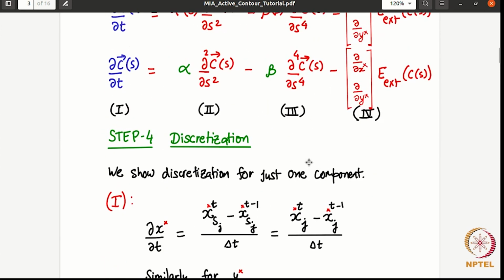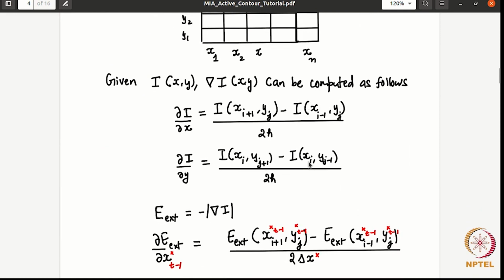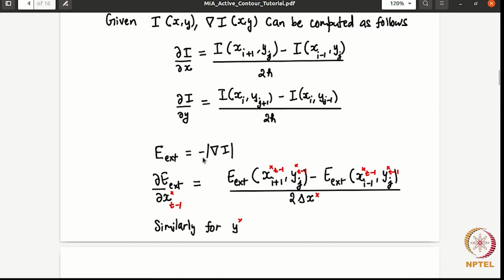Okay. Now I explain the discretization of these terms. So given an image I, right, as a function of x and y, grad I can be found using Cartesian coordinates, and negative of its magnitude gives external energy, right?